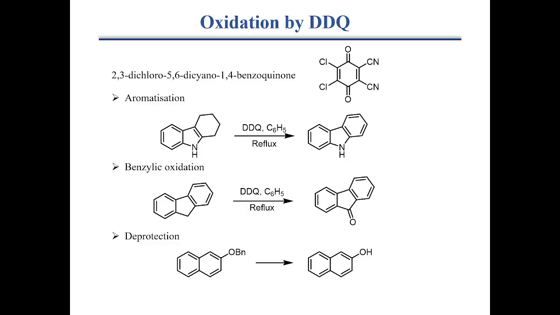So next we will discuss DDQ. So DDQ is 2,3 dichloro 5,6 dicyano 1,4 benzoquinone. This is the structure of DDQ. So two chlorines are attached at the 2,3 positions and the cyano groups are attached at the 5,6 positions.